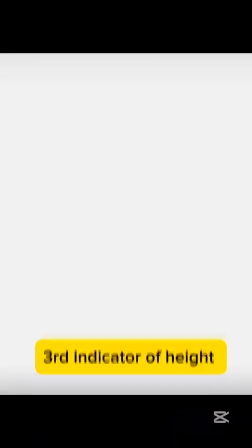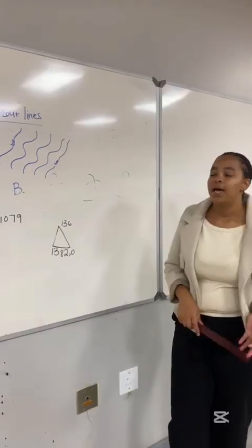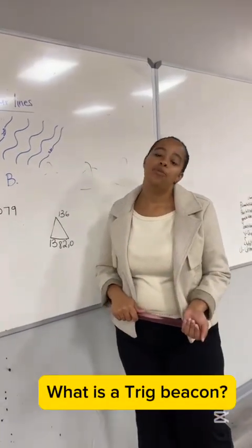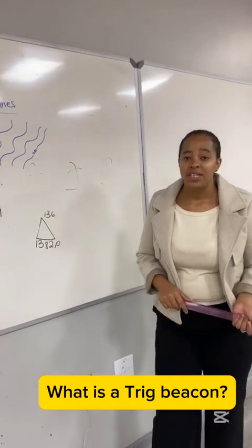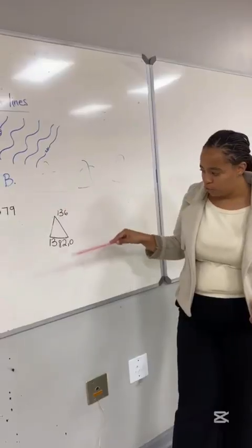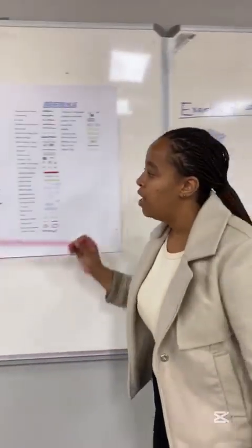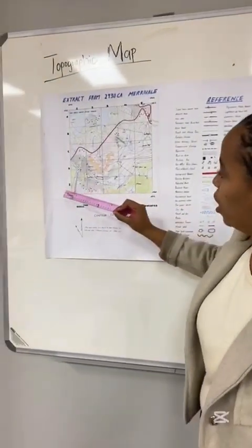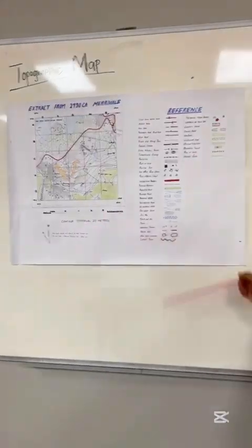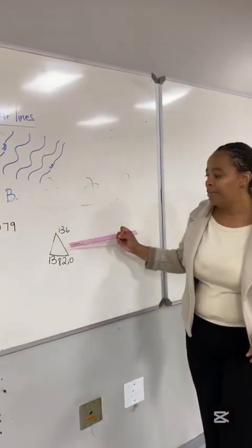Our third height indicator is a trig beacon. A trig beacon on a topographic map is usually indicated with a small black triangle. Here on our map, we have our trig beacon on block E3. A trig beacon, boys and girls, has a number beside it.